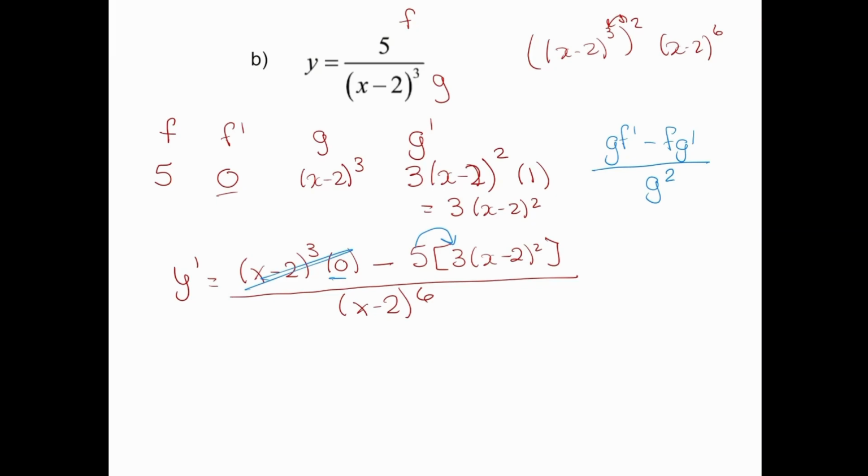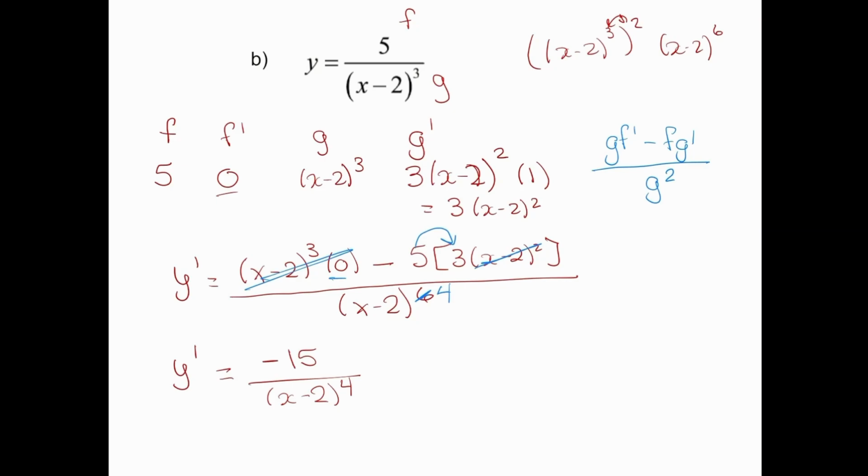In fact, I can get rid of 2 of them, so I can cross that out completely and drop that down by 2 to give me 4. So what am I left with once we've done the math? I'm left with negative 5 times 3, which is negative 15 on the top, and on the bottom, I am left with x minus 2 to the power of 4.